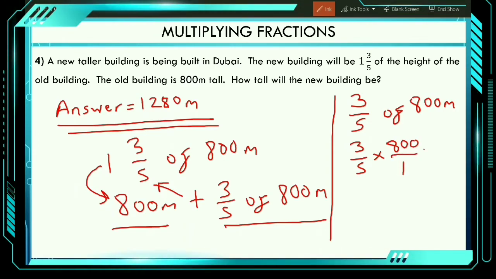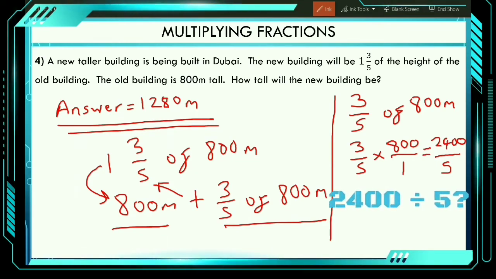So 3 times 800 is 2,400 over 5. Now, how many 5s go into 2,400? What is 2,400 divided by 5? 2,400 divided by 5 is 480.